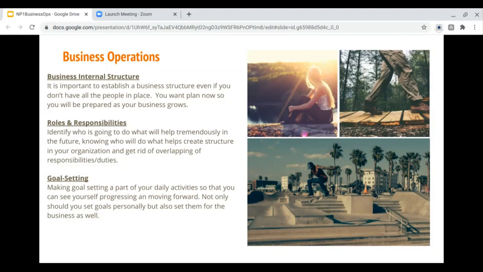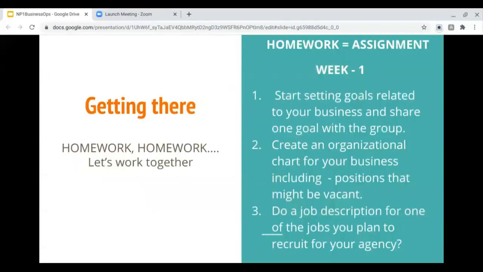Those smaller goals are a part of a bigger goal, which for you guys would be your launch goal. As I mentioned before, I'd love for you to set your launch goal today. You can feel free to share it in the chat box if you want to, but if not, go ahead and share it in the group later on. Some things I want you to work on over the weekend is start thinking about setting goals for your business.